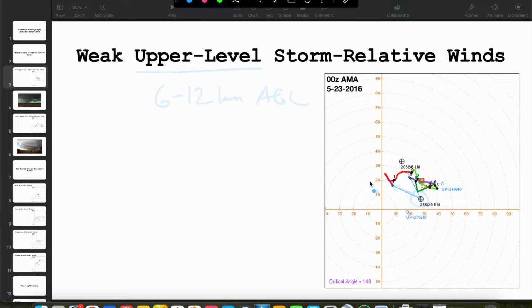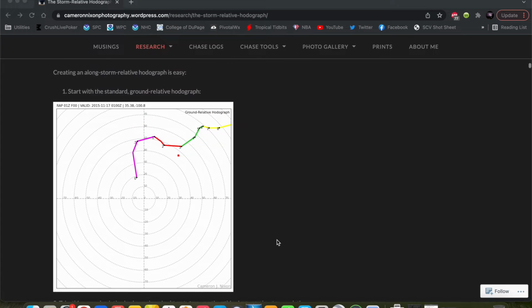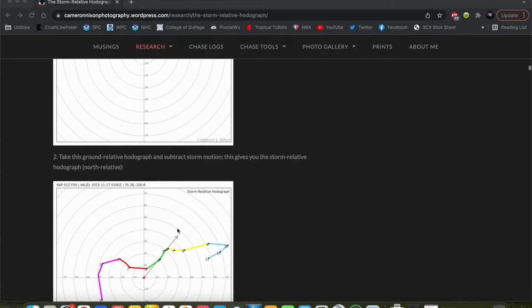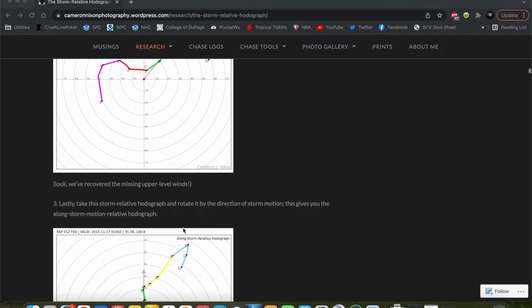When we're talking about weak storm relative winds in the upper levels, we're talking about storm relative winds that are generally less than 20 knots. That might be a little bit difficult to ascertain just by looking at this. In his article, Cameron describes a technique to make this a storm relative hodograph, where you subtract out the storm motion and then rotate the hodograph in the direction of the storm motion.